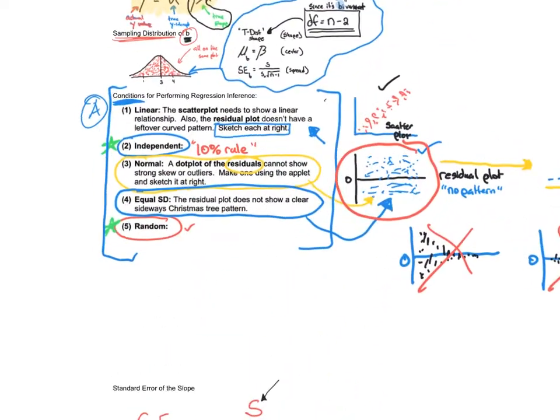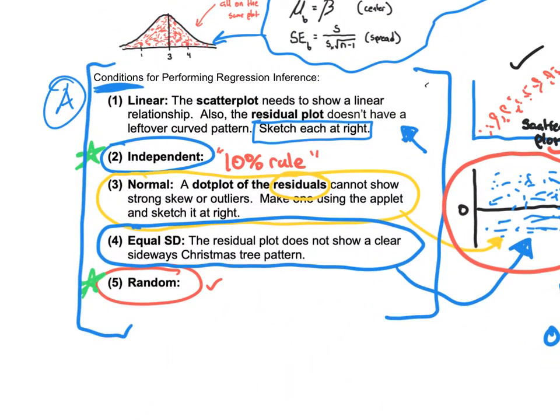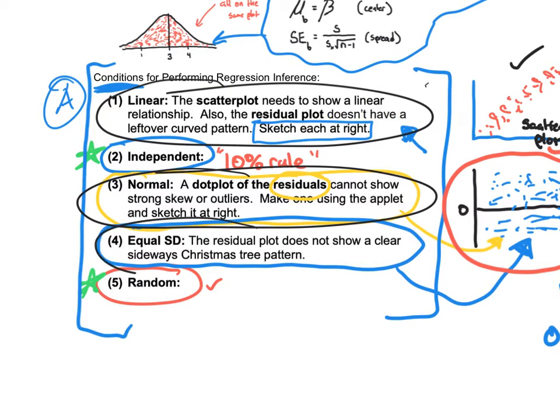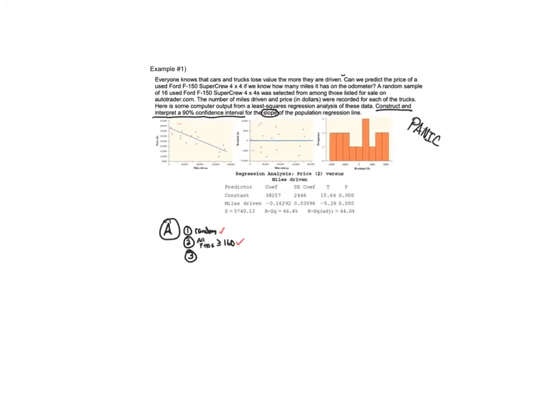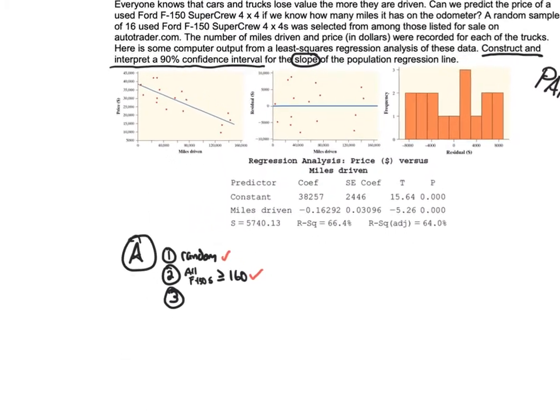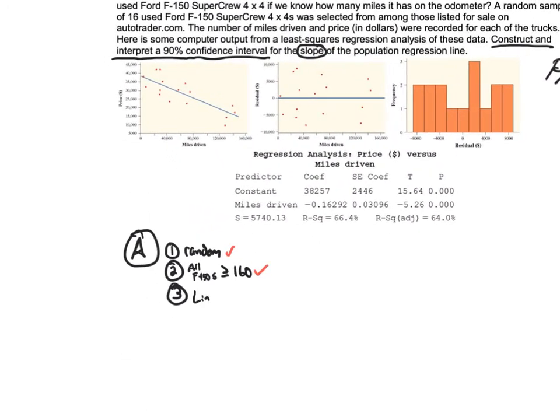So let me come back up here and think about all of these things. Is it linear? Is it normal? Is it equal standard deviation? So based on the graphs, is it each of those? Is it linear? I want to look at the actual graph, and it looks very linear.